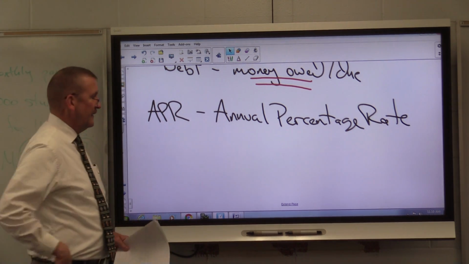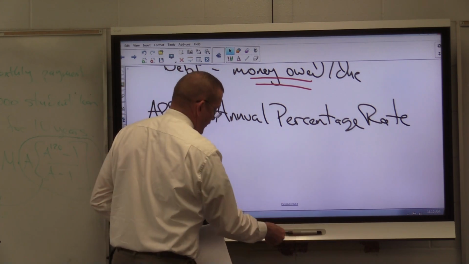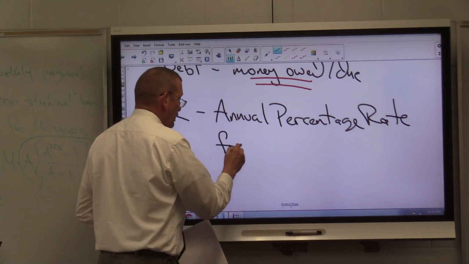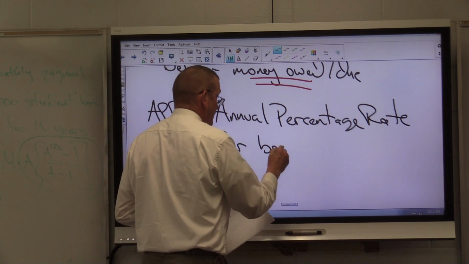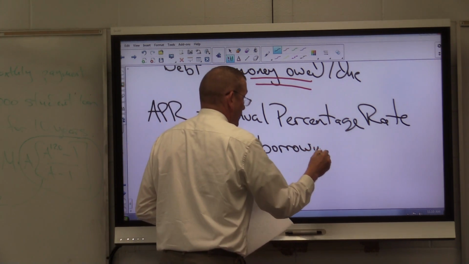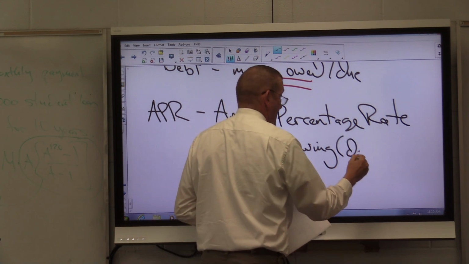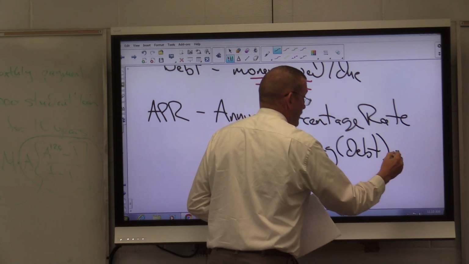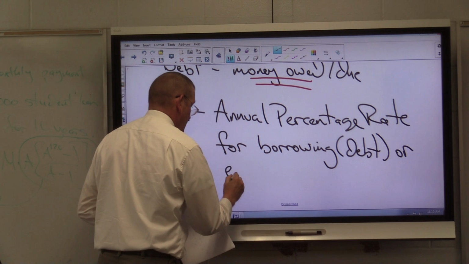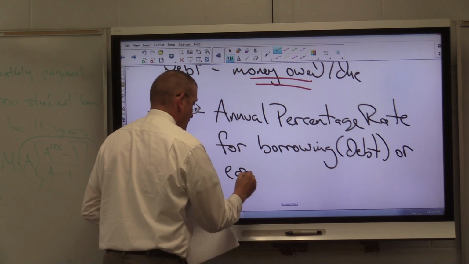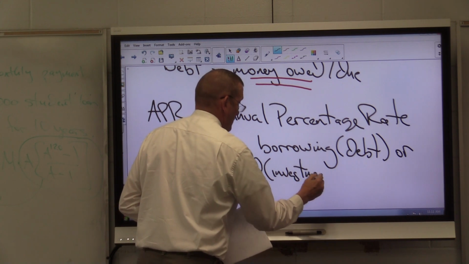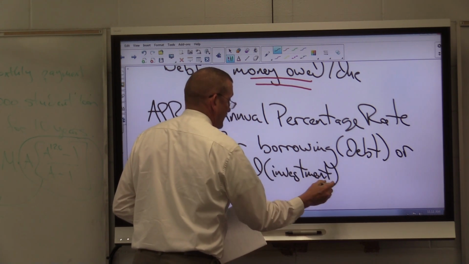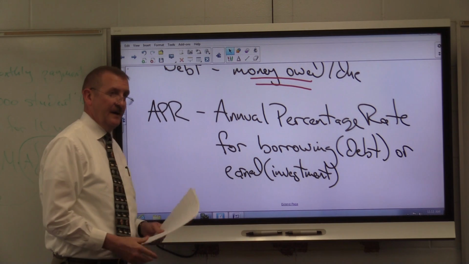Now, it's the annual percentage rate for two things. It's annual percentage rate for borrowing, which is debt, or earned through some type of investment. Okay?